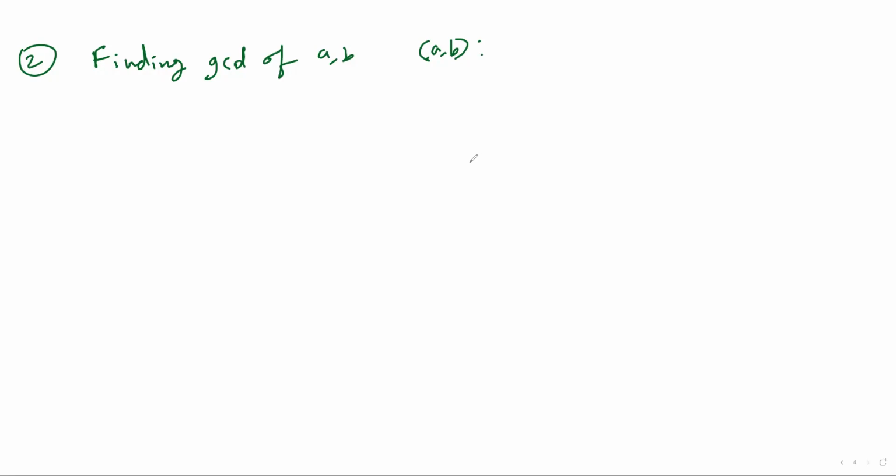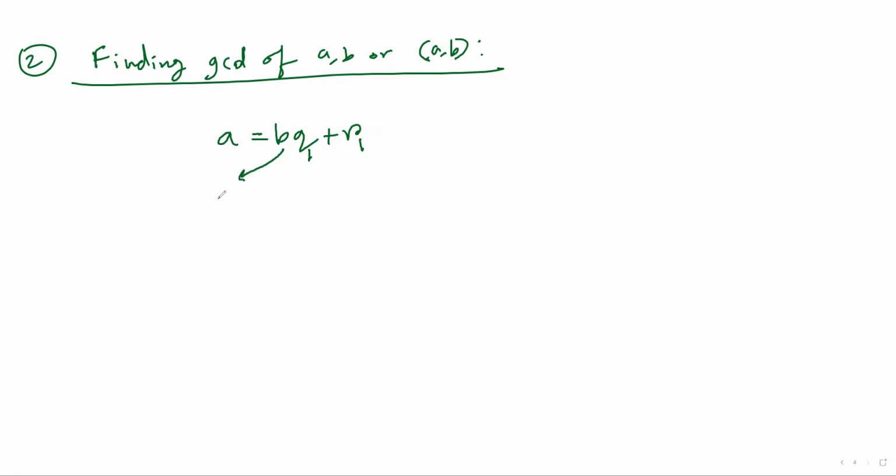So finding GCD of A and B, how do we do that? You have A = BQ + R. Let's call this Q1 and this R1. Now what we can do is take this B and divide it by R1.